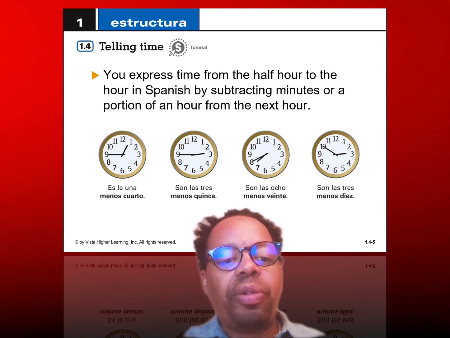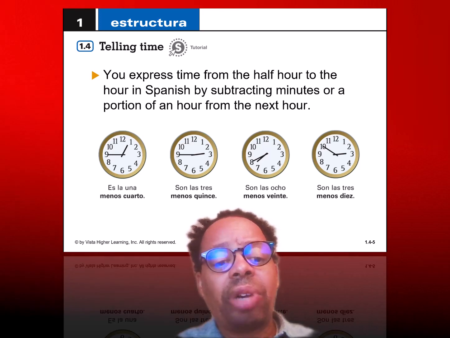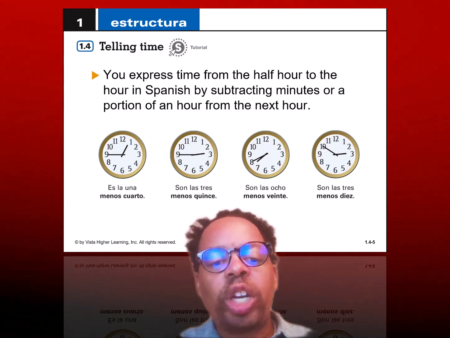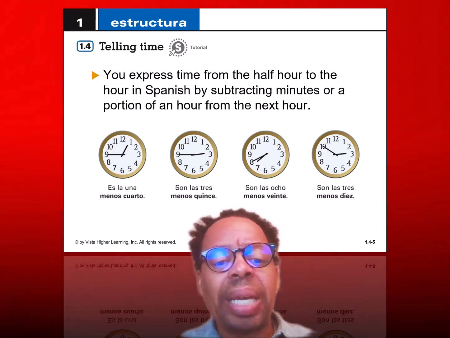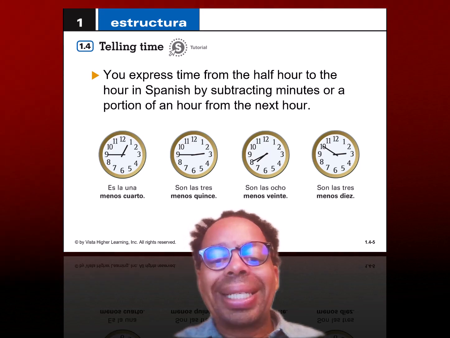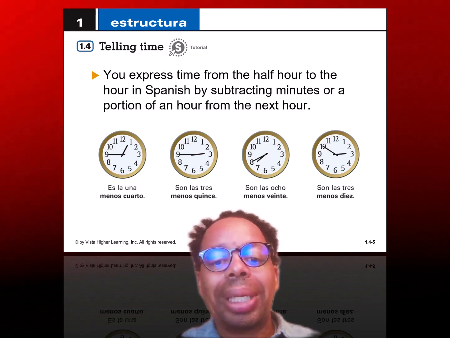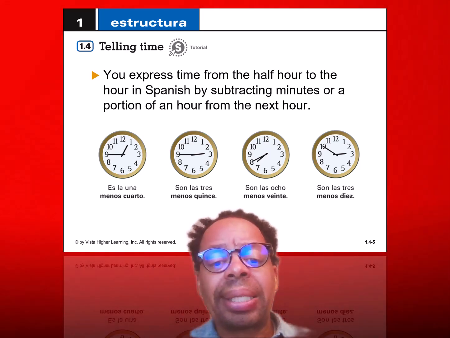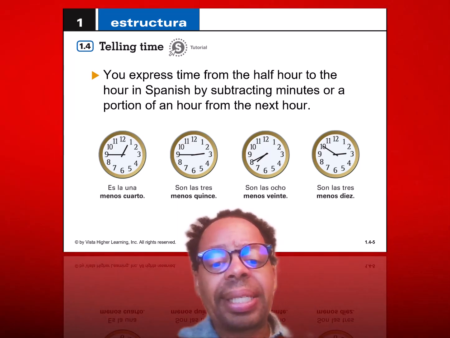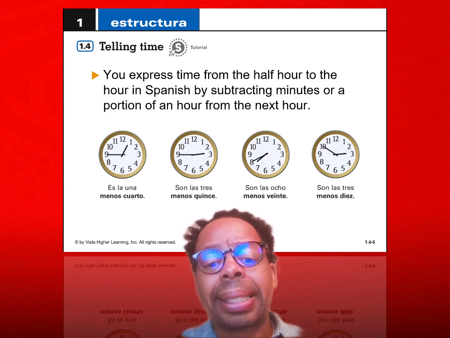Moving right along, son las 3 menos 15, 3 o'clock minus 15 minutes. Son las 8 menos 20, or 7:40, would be 8 o'clock minus 20 minutes. Son las 3 menos 10, 3 o'clock minus 10 minutes, or 2:50. 60 minus 50 is 10, which is where we get that menos 10.